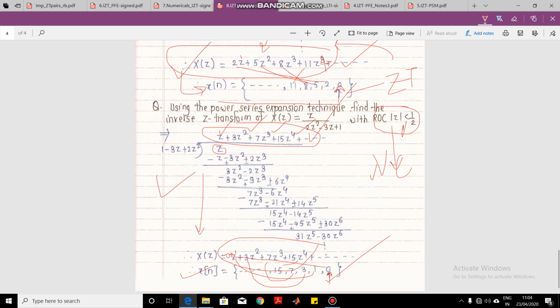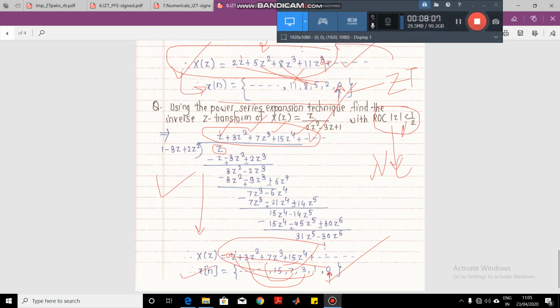We go on dividing the functions, obtain the quotient, and from the quotient we obtain the signal in the time domain. So we can have numericals on the long division method, which is called the power series expansion method, for inverse z transform. Okay, thank you.